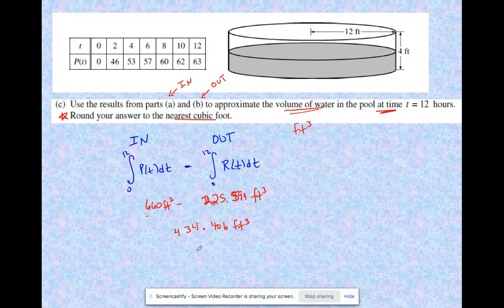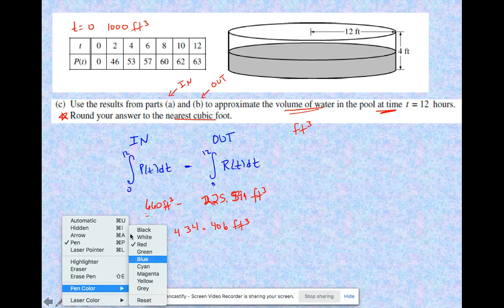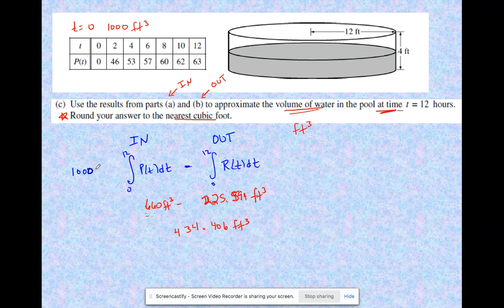Go back and look at the first slide. What did I highlight? At time 0, how much water was already there. Right?